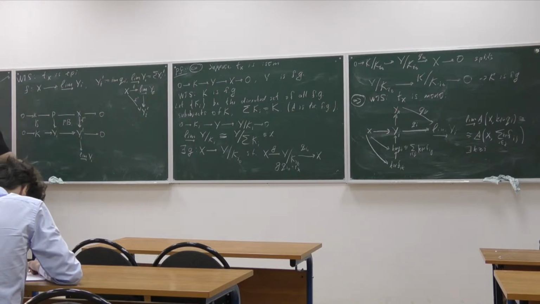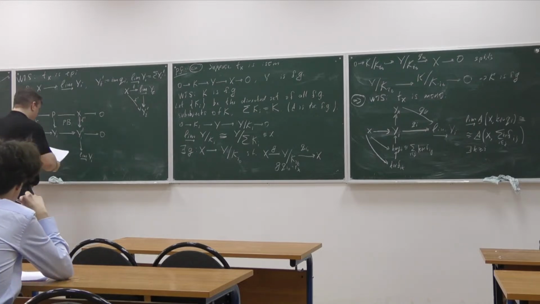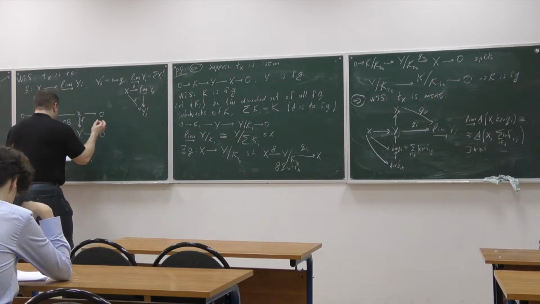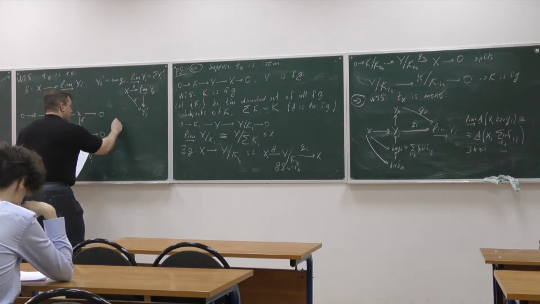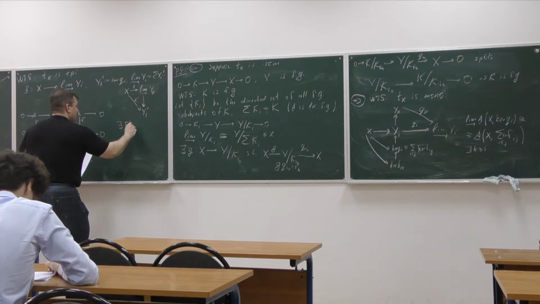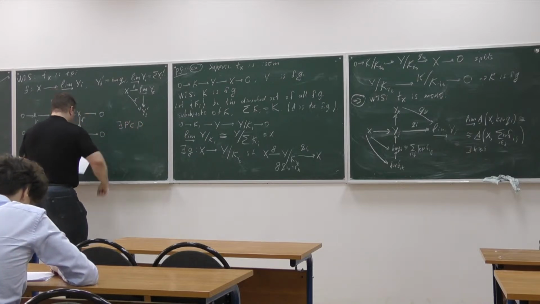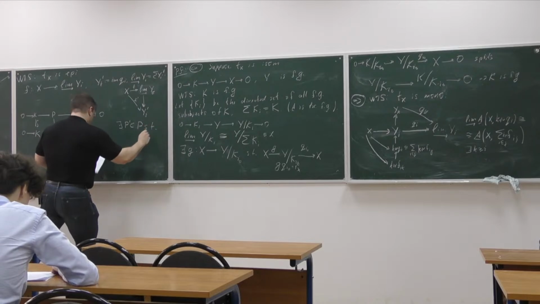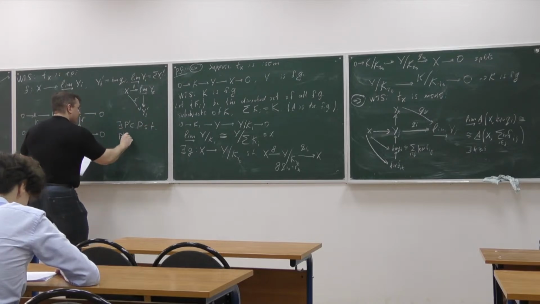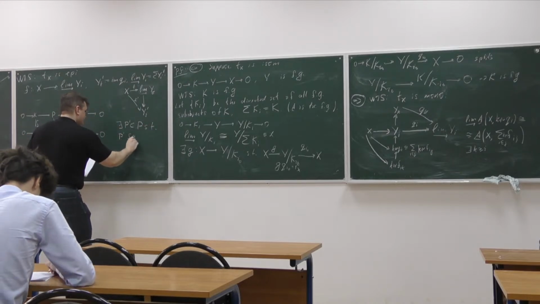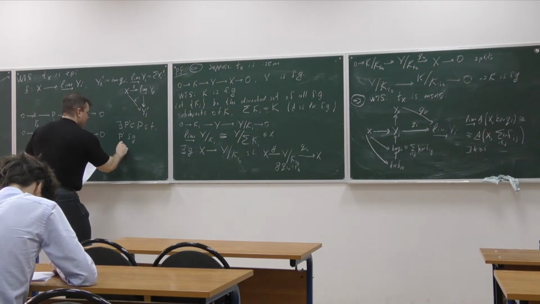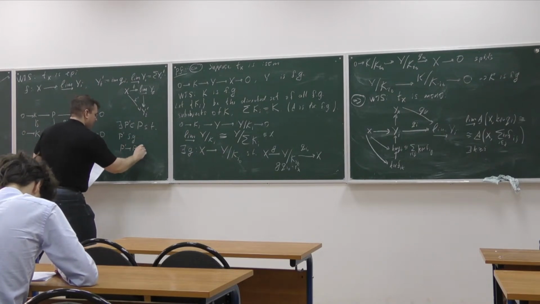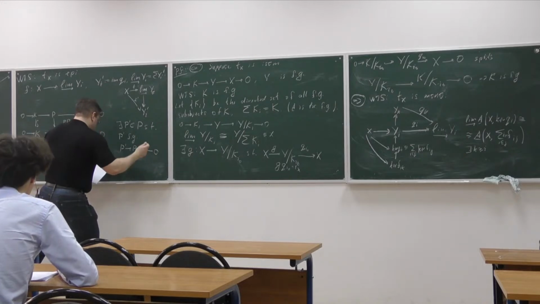Here I need the following observation. I want to say that there is an object p prime sitting inside p such that p prime is finitely generated, and the composition of the two maps is an epimorphism.